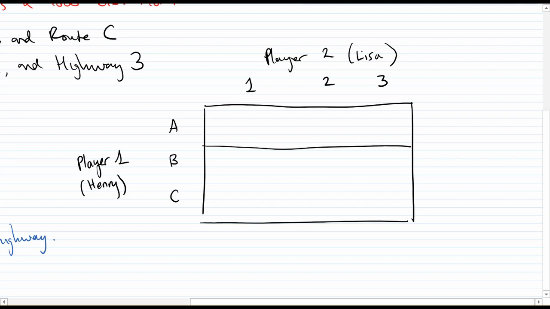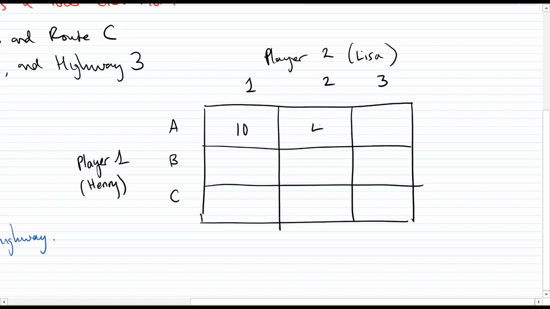And we'll just copy the scores in, the scores just being the height at which the restaurant will be built at each of these intersections. So it's 10 here, 4, 6, 6, 5, 9, 2, 3, 7.